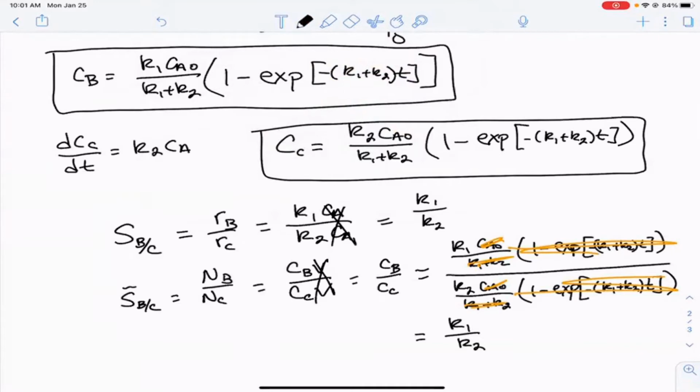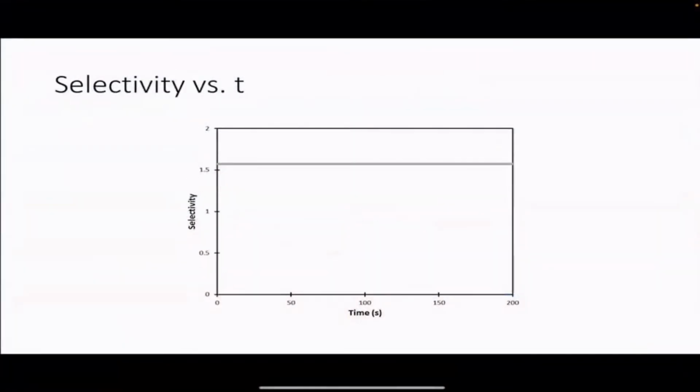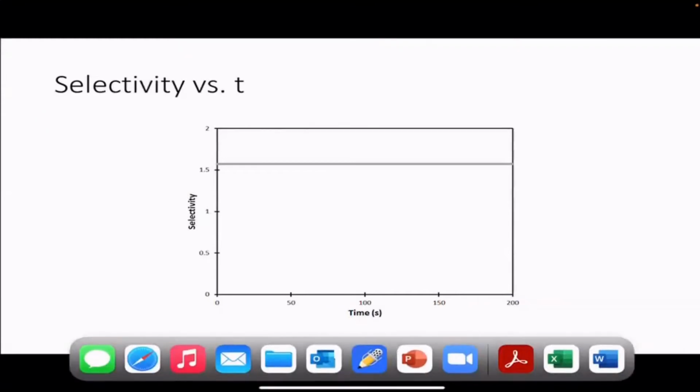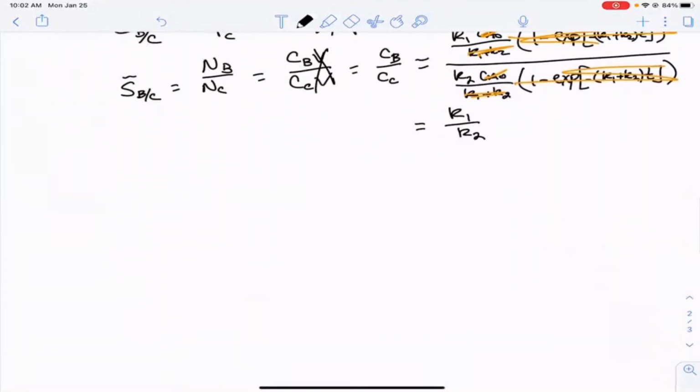And if that's the case, right, we have K1 over K2, well, these are constants. So that means when we plot this, right, the overall selectivity, we just have a straight line with this particular reaction, okay? So if our selectivity is always the same, and here, of course, the overall and the instantaneous selectivity is the same, how would we go about manipulating the selectivity if it is dependent on the relative magnitude of the rate constants?